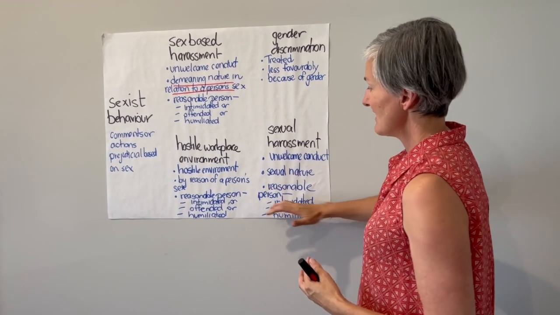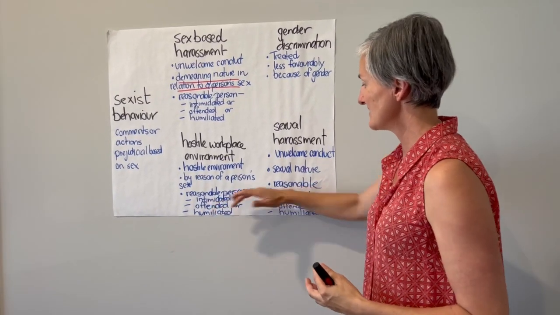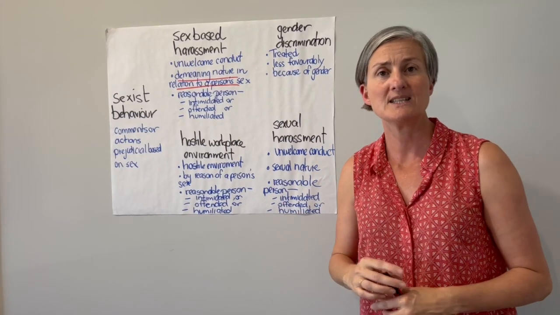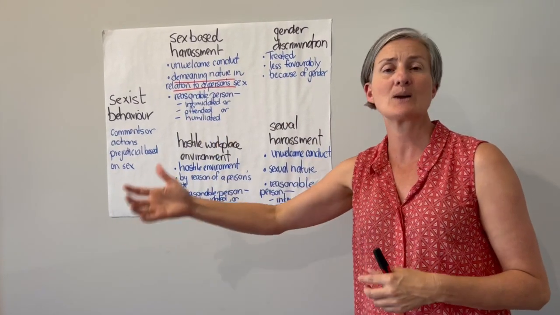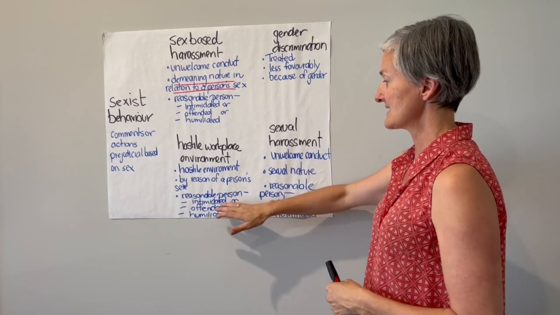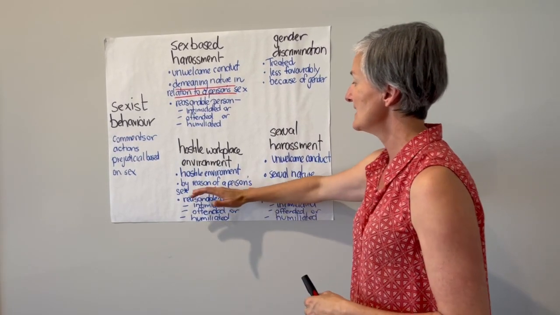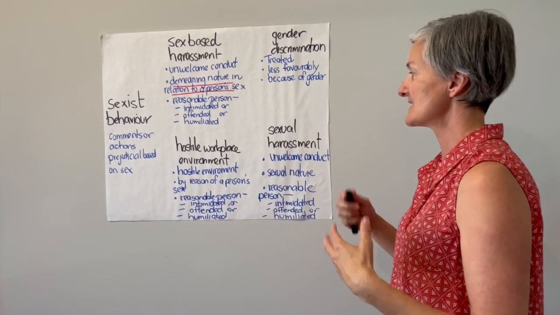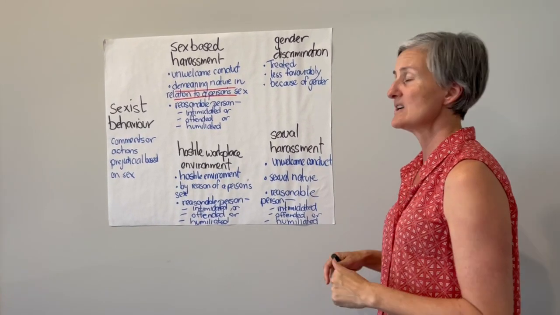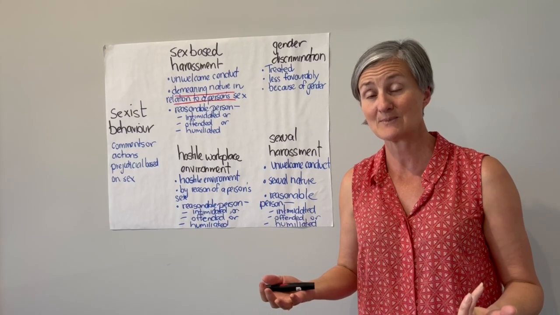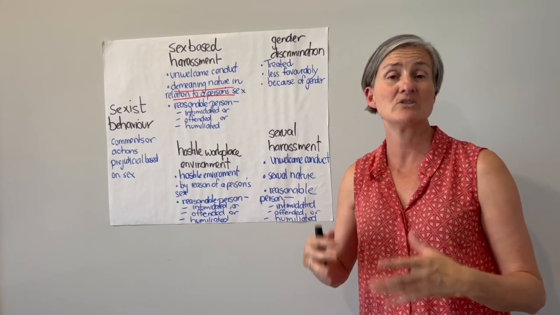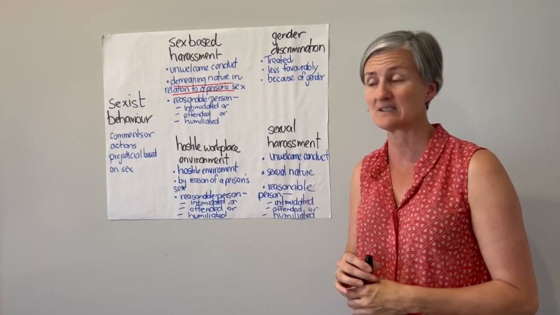And you'll see again, they've borrowed the third part of the definition around the reasonable person. So that's the person that would look at that behaviour and decide if someone could be intimidated or offended or humiliated. The middle part of the definition, so it's a hostile environment by reason of a person's sex or an attribute that's normally attributed to that person's sex.